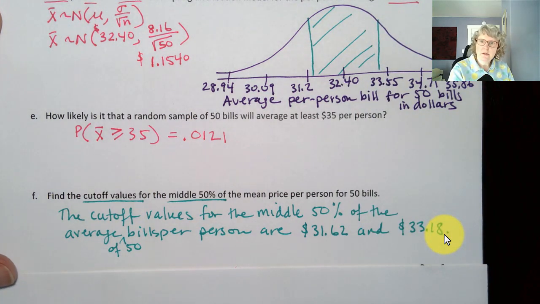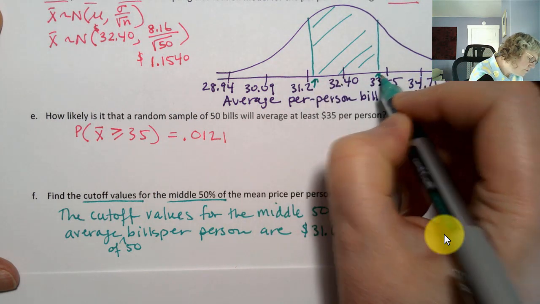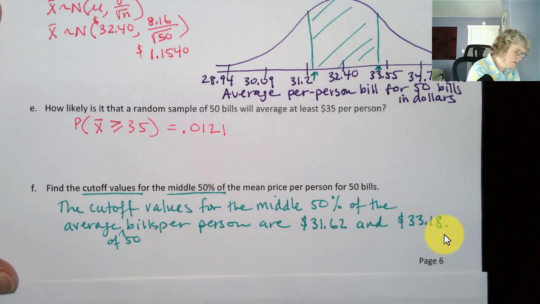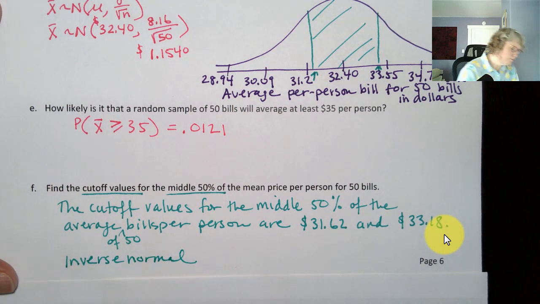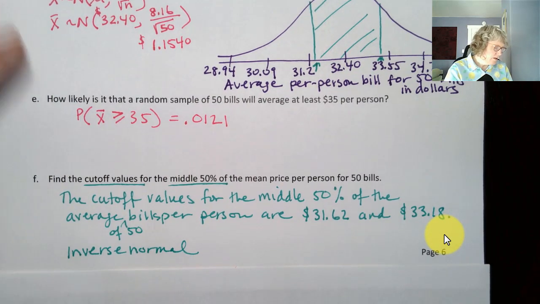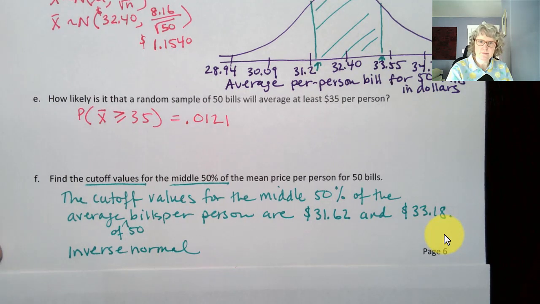Okay, so that's our middle 50%, and we just found those cutoff values. I'll write a note here just to remind yourself, this is the inverse normal. Okay, so instead of asking for a probability, they asked for cutoff values.